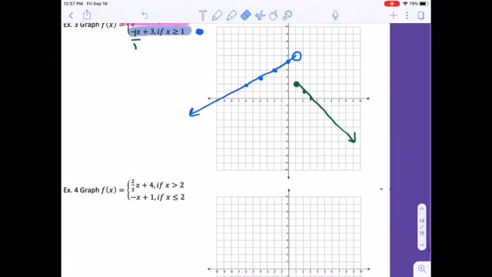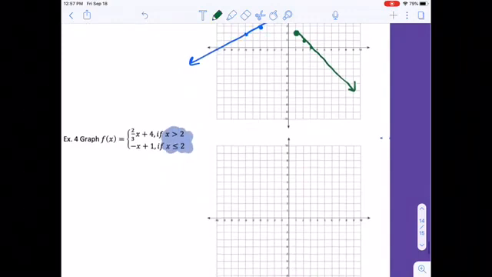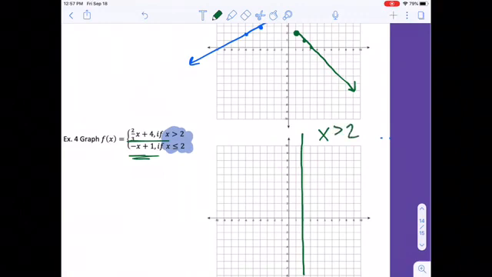And lastly, once again, look at the values of your inequalities. That's where you'll put an imaginary line for now. Then you'll go ahead and graph these guys. So we have x is greater than 2, and we have x is less than or equal to 2.